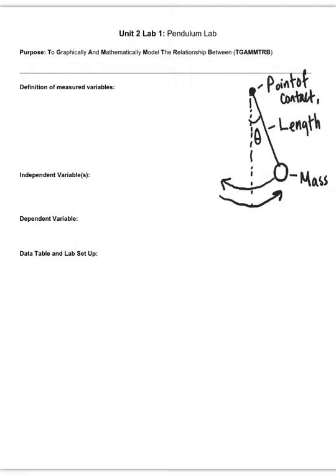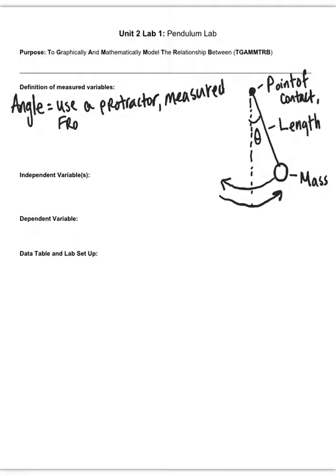I think the first thing that we can measure, like we just talked about here, is the angle. Now the angle that we're going to measure here, we're going to use a protractor. And you're going to measure it from the vertical. So I'm going to say measured from the vertical. Awesome.